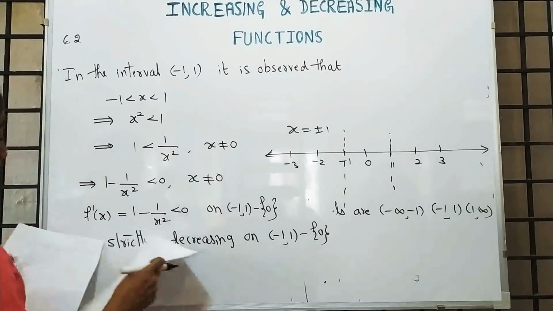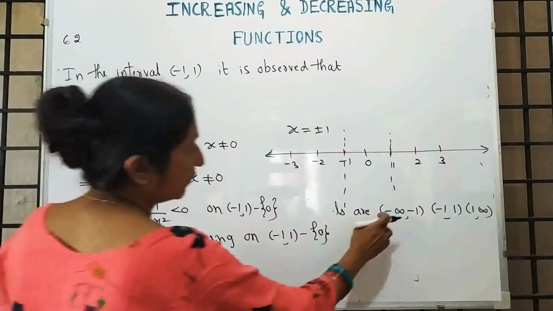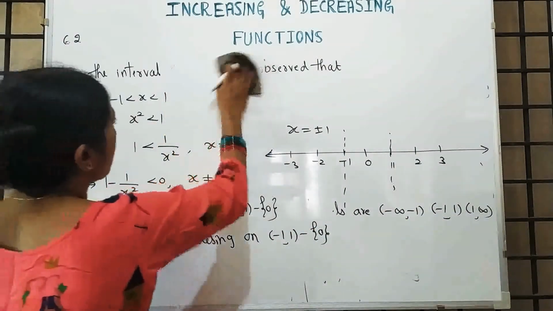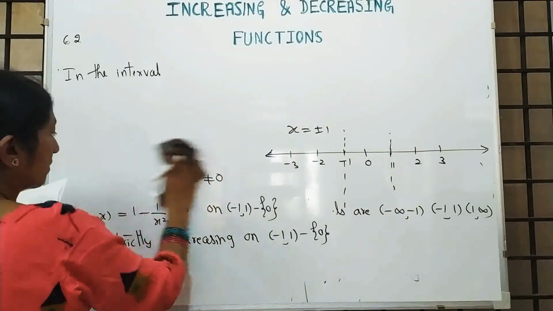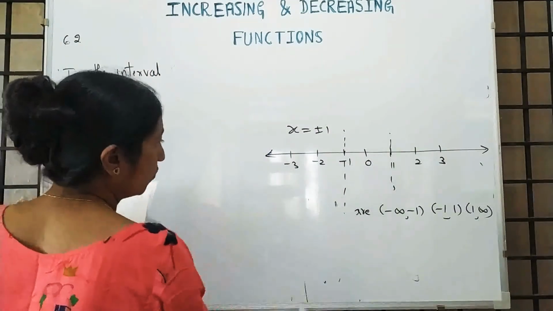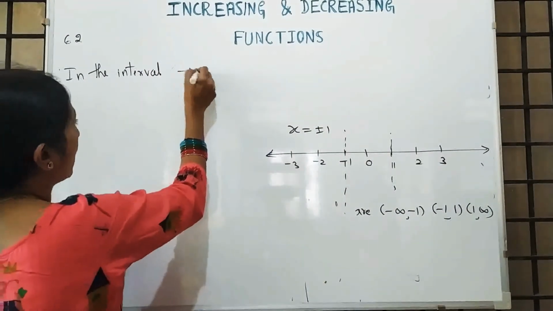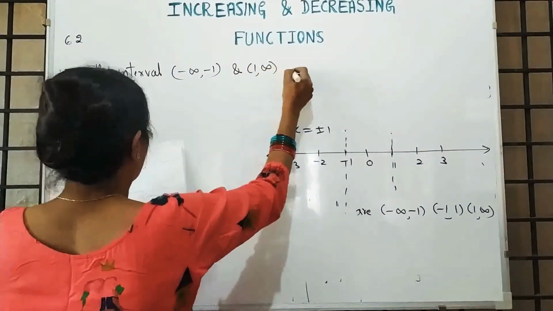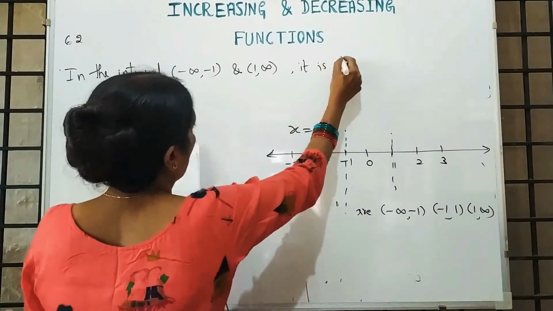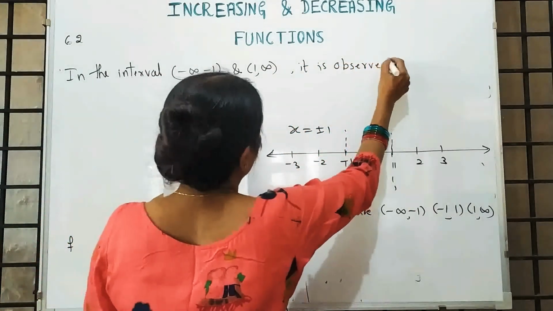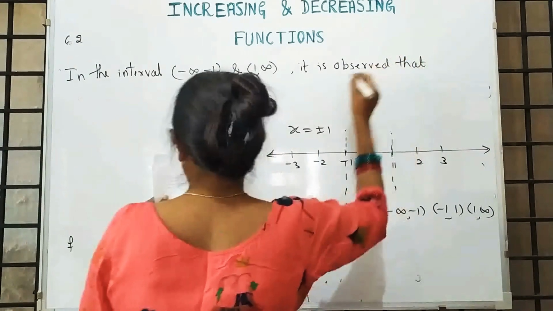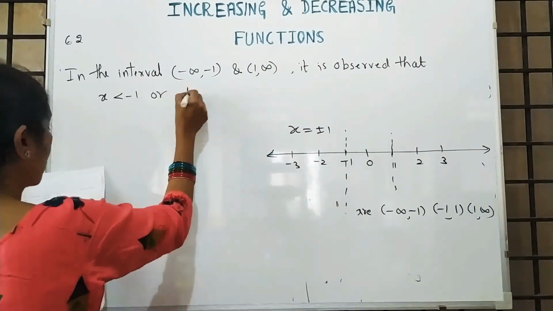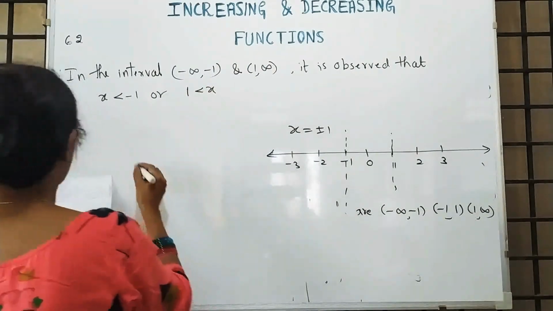And we have another two intervals. That intervals are minus infinity to minus 1 and 1 to infinity. In the intervals minus infinity to minus 1 and 1 to infinity, it is observed that x is less than minus 1 or 1 is less than x, that means x is greater than 1.